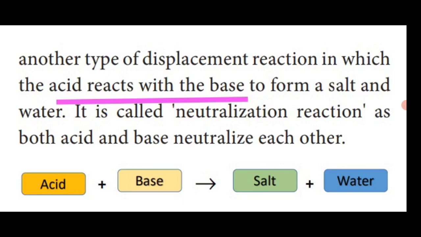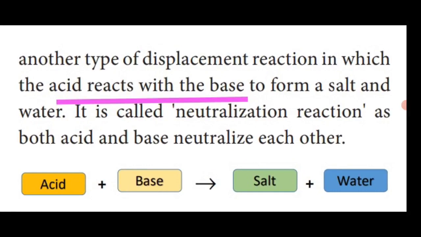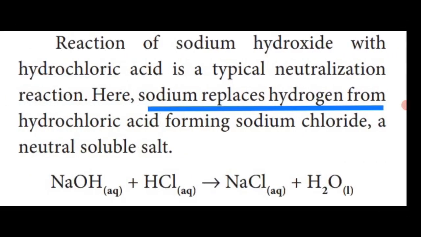Example: in the reaction, acid reacts with the base to give salt and water. One of the products is water. So reactions that give water are called neutralization reactions. Example, the reaction of sodium hydroxide with hydrochloric acid. Sodium hydroxide formula NaOH is a base.